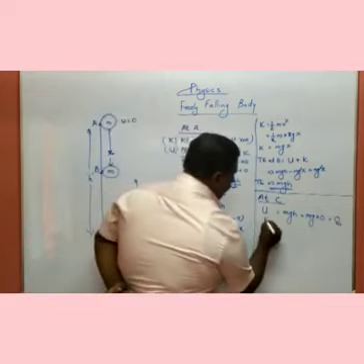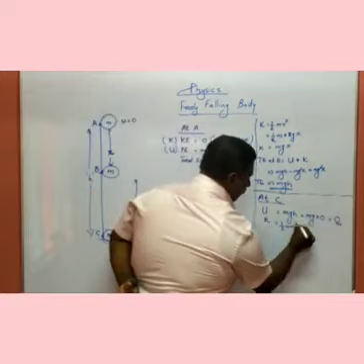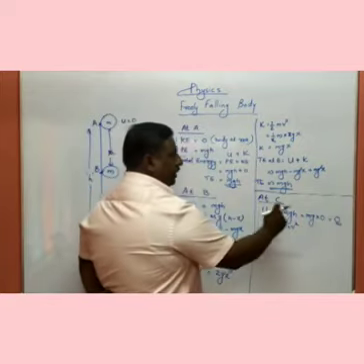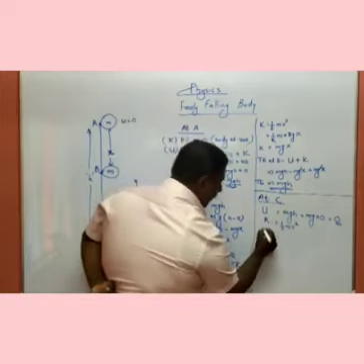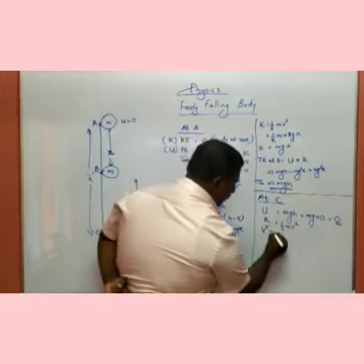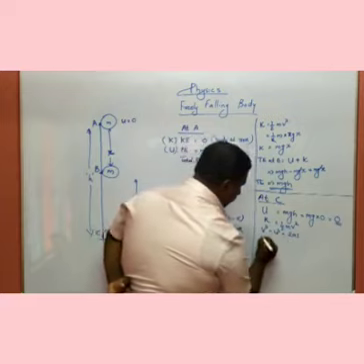And we have to calculate the kinetic energy, that is equal to half mv square. Same thing, we know the value of m but not the value of v. So again the same procedure as in the previous step. v square minus u square is equal to 2as.